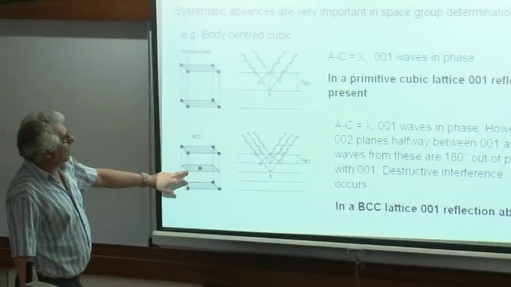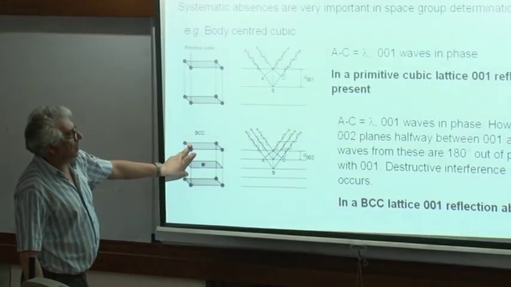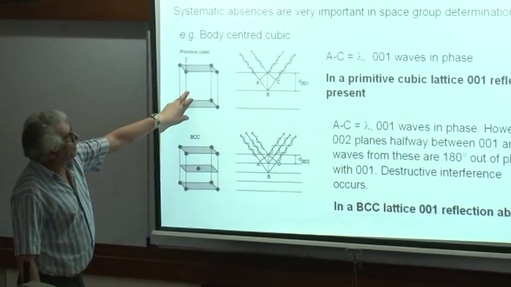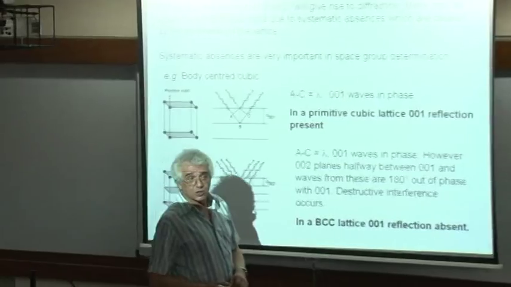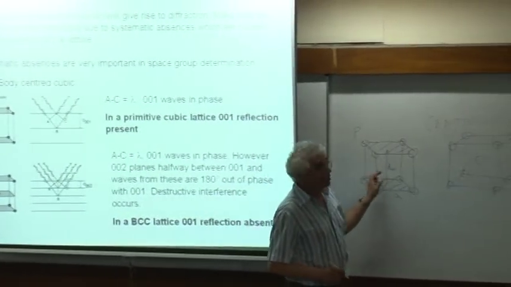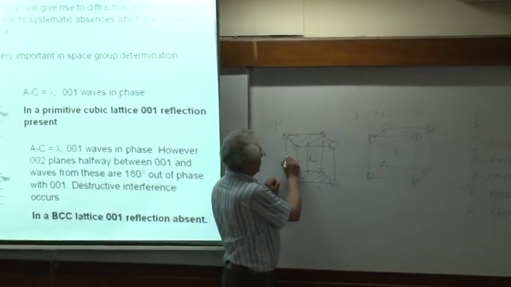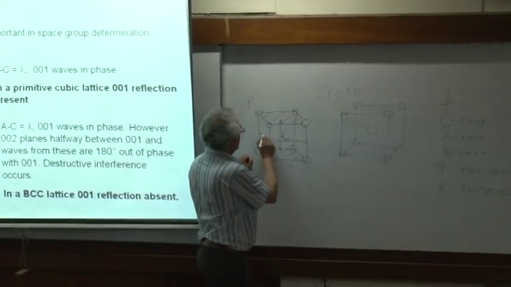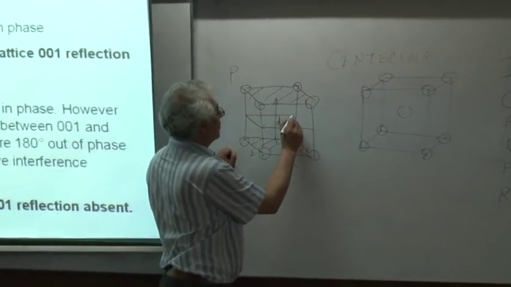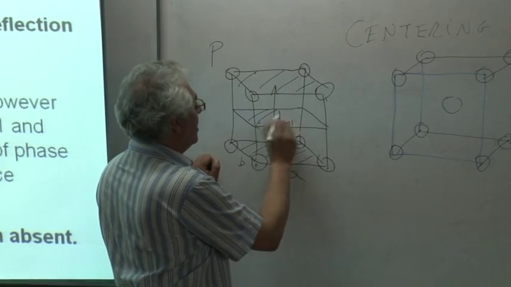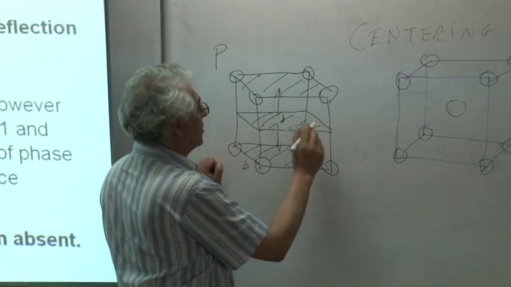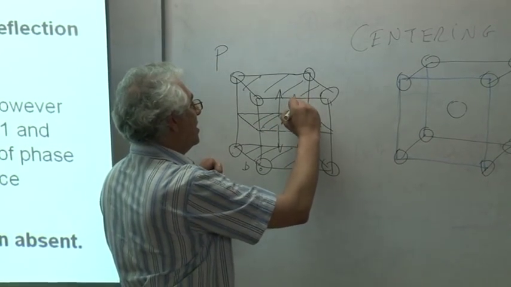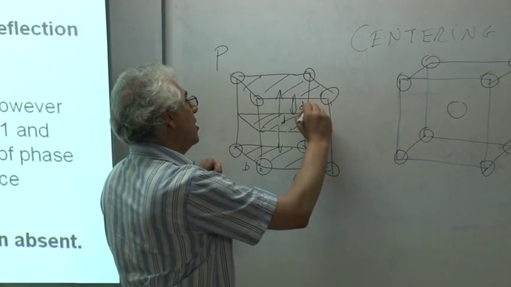We can also see, if we wanted to, in this cell, the D002. So D002 in the same cell would be halfway along here. So this distance here now would be D002.